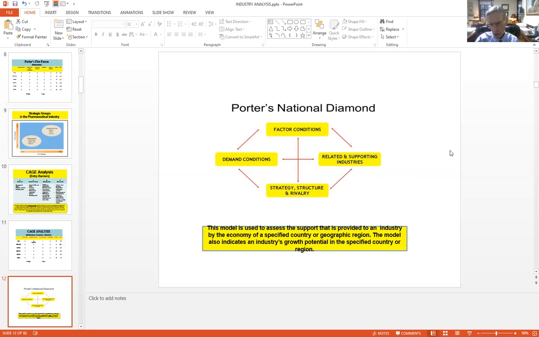Something else that's really important is the extent to which an industry is supported by relationships with other industries. So the classic example is computer hardware and computer software, video games and the software for video games, and so forth.